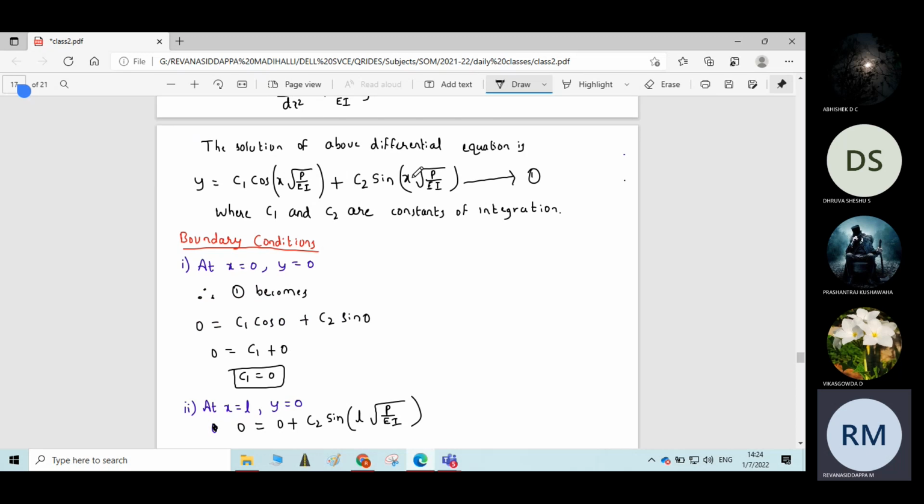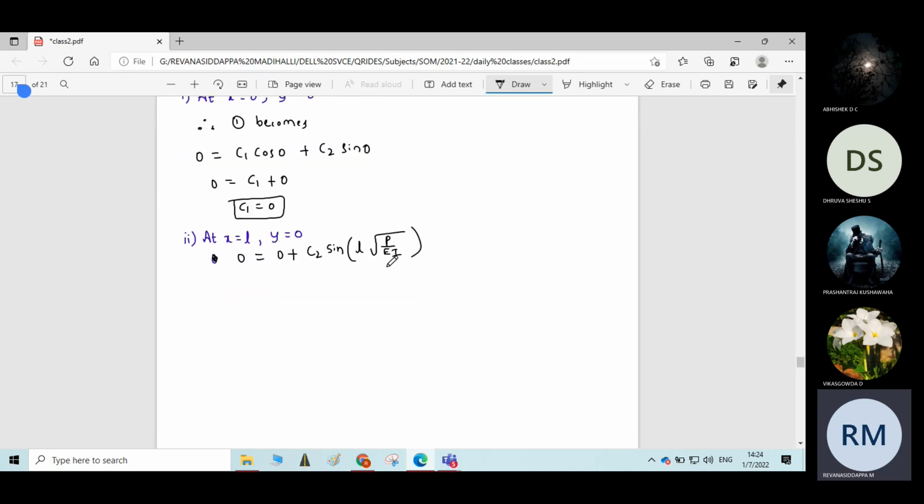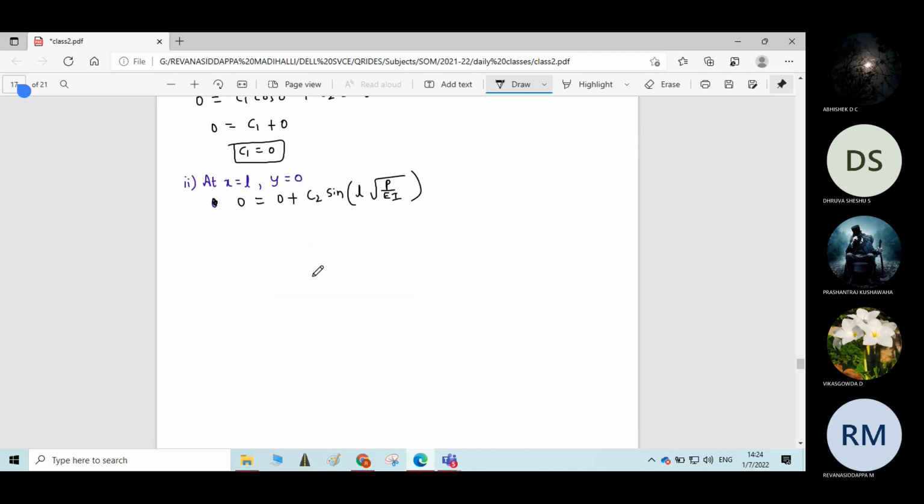So only the second term remains: C2 sin L root of P by EI. Therefore, C2 sin L root of P by EI is equal to 0.